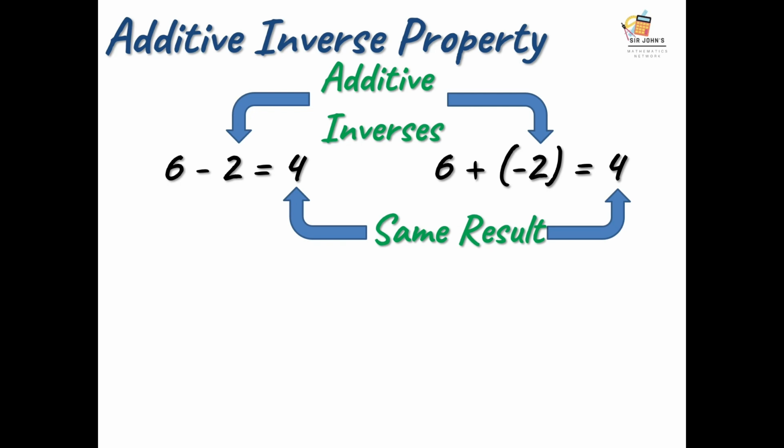With this, it appears that subtracting a number is equivalent to adding its additive inverse. Therefore, in subtracting integers, we just add its additive inverse. So, for any numbers, let's say a and b, a minus b is equal to a plus quantity negative b.